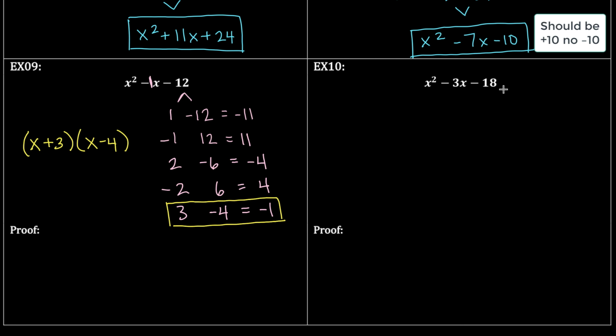So negative 18. Factors of negative 18 that combine to negative 3. Sorry, in my head I'm thinking of adding negatives. Factors of negative 18 that combine to negative 3. If it makes it easier, I can do it like this.